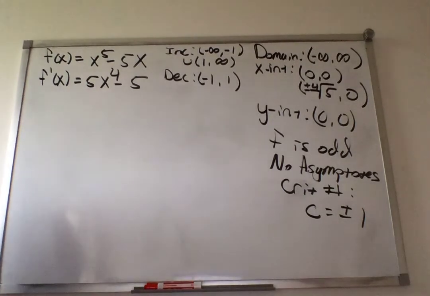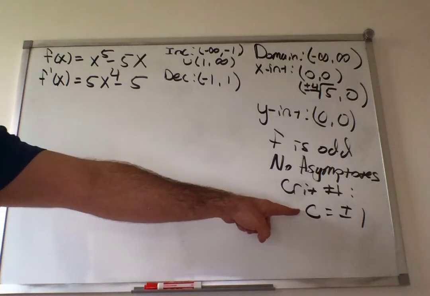Okay, so again, getting crowded, running out of room to put stuff up here. It's okay though. Let's see, local mins and local maximums. So, to find local mins and local maximums, we have our critical numbers right here, okay?